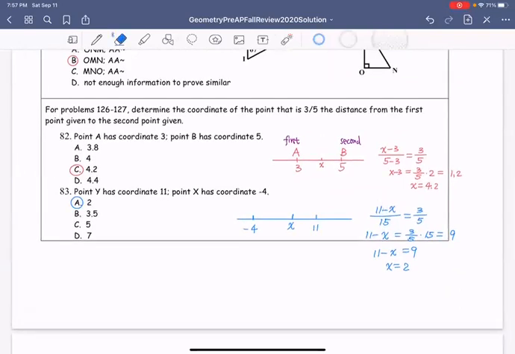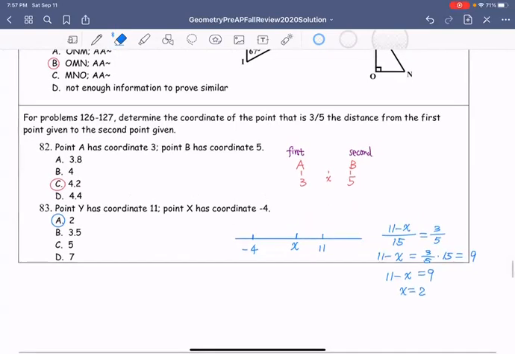Let's do a question 82. Point A has coordinate 3 and point B has coordinate 5. And what else they have in the given questions?